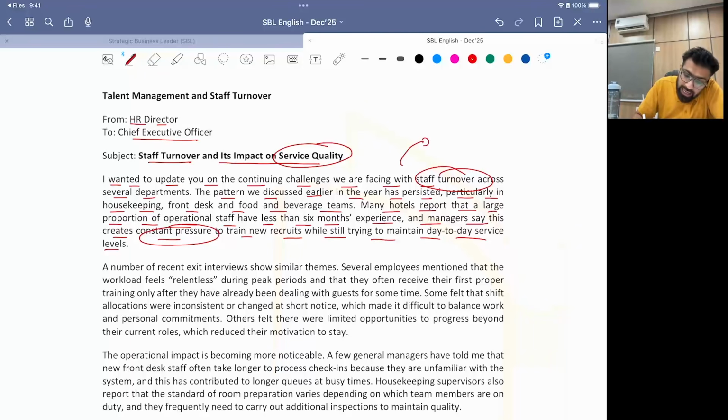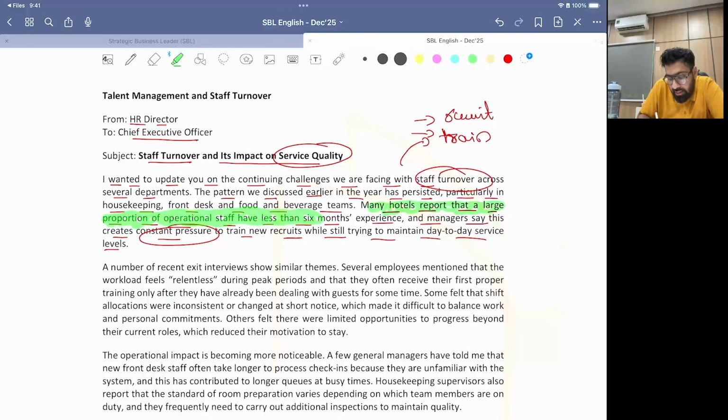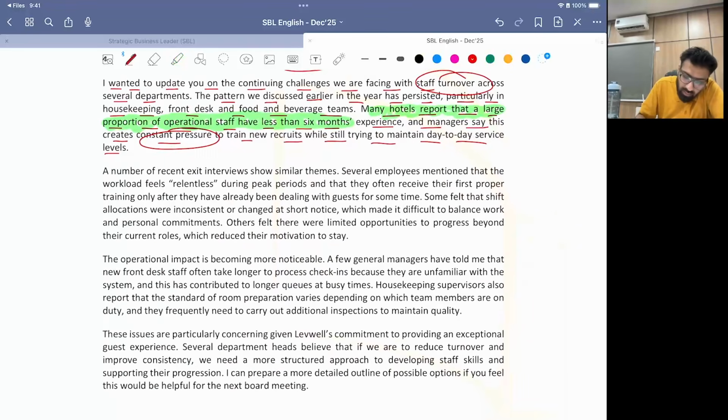So we can either recruit, the HR is saying, or train the existing ones. The main risk here is that a large proportion of operational staff have less than 6 months, right?